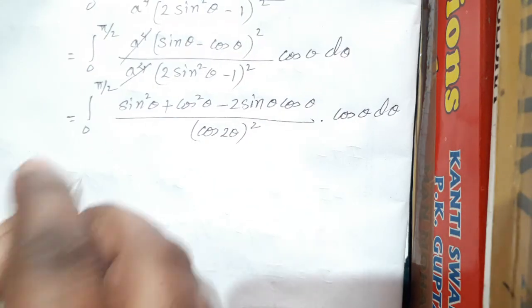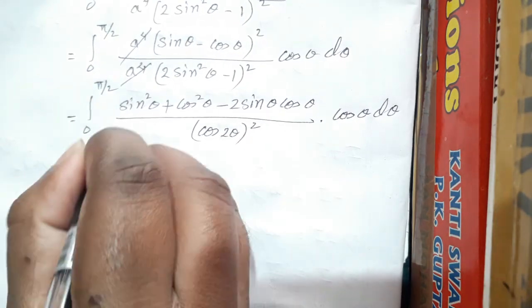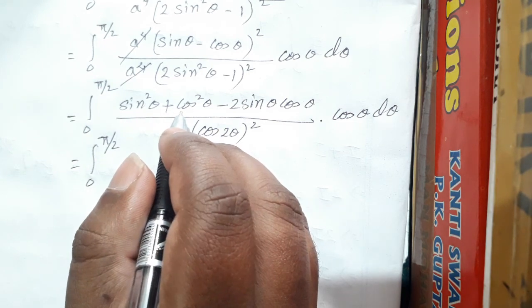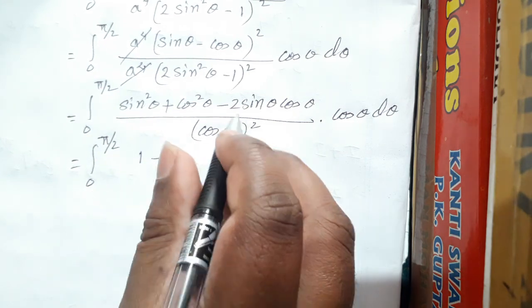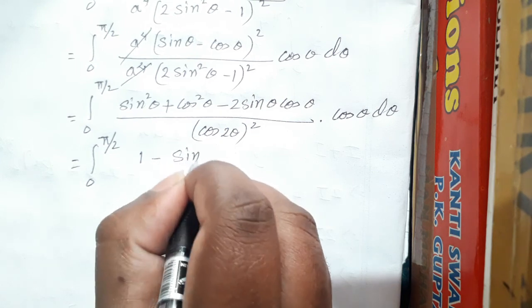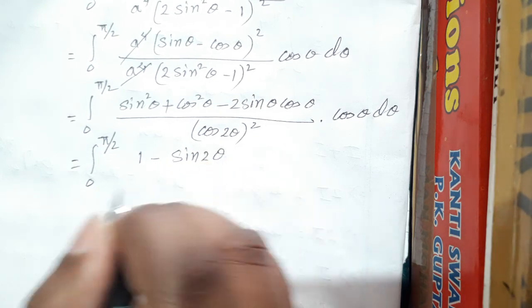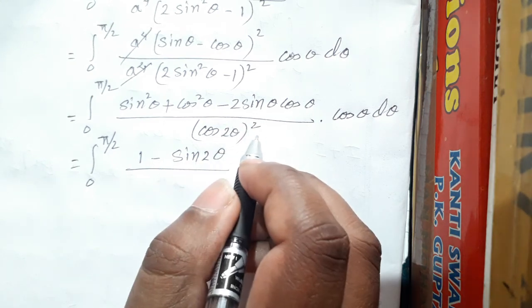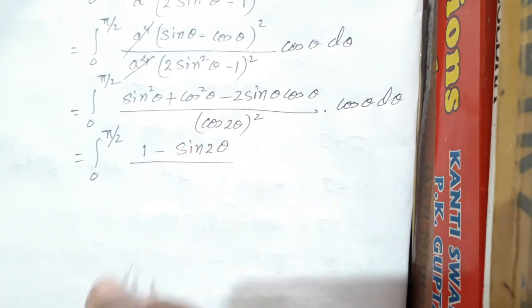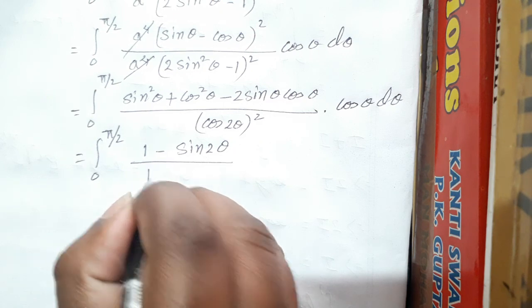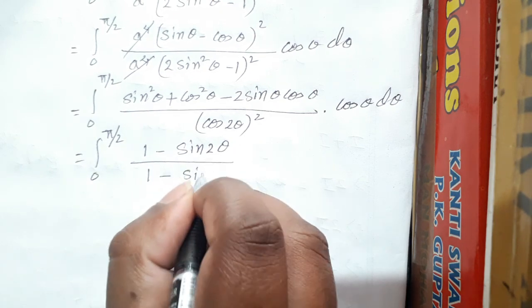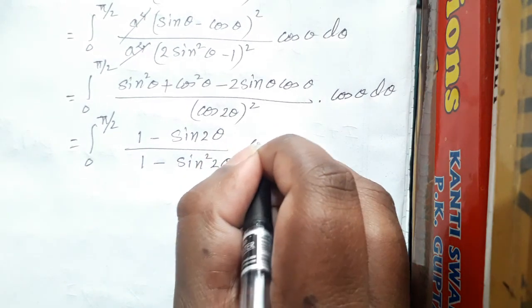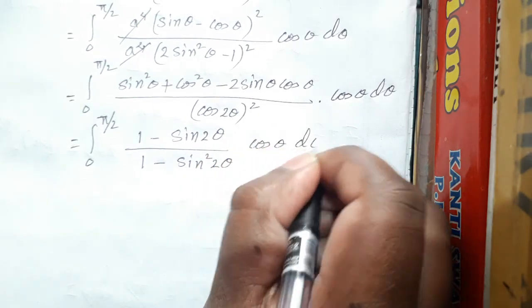Sine square theta plus cos square theta is 1, and 2 sine theta cos theta is sine 2 theta, so we get 1 minus sine 2 theta. And cos square 2 theta I can write as 1 minus sine square 2 theta, times cos theta d theta.